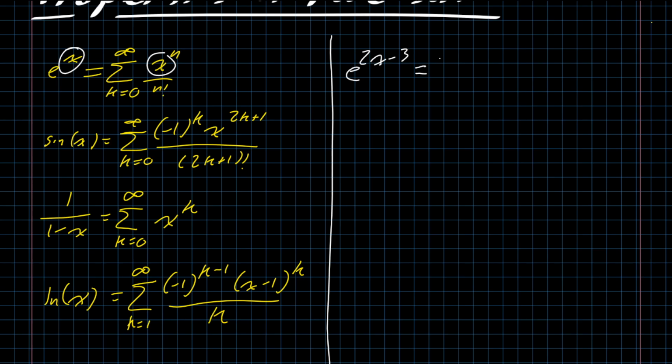So just replace x inside the series with 2x minus 3. And you have the power series for the new function.